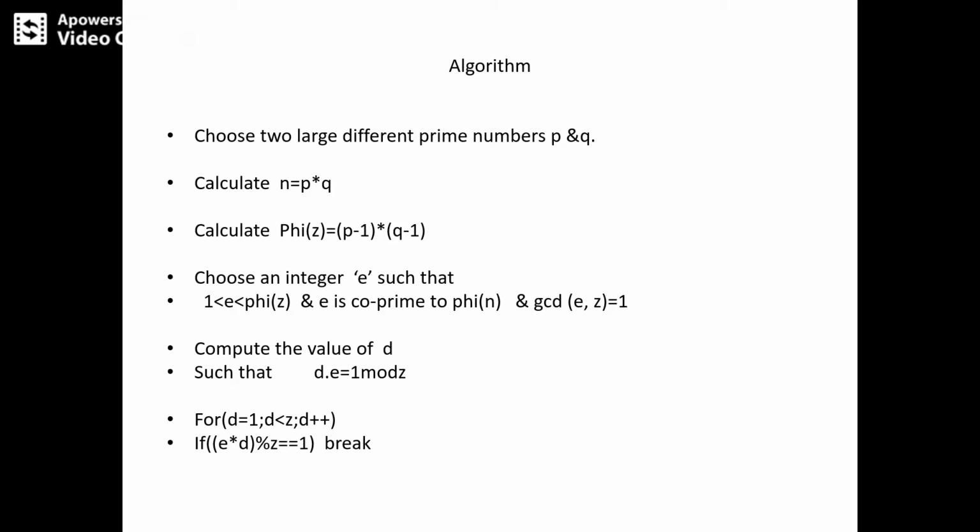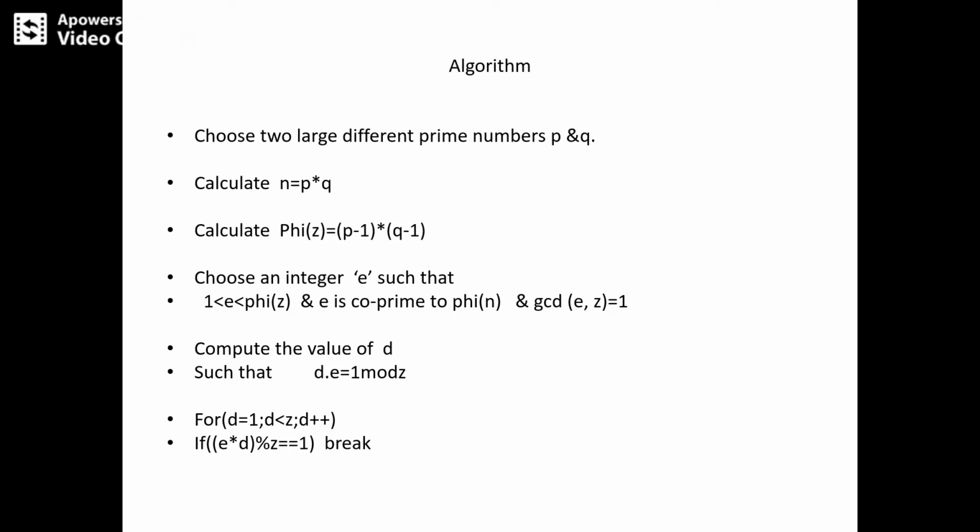Whenever this condition is satisfied, we choose that particular integer value e. After that we need to calculate the value of d. Here (e, n) is the public key, which is available to everyone.